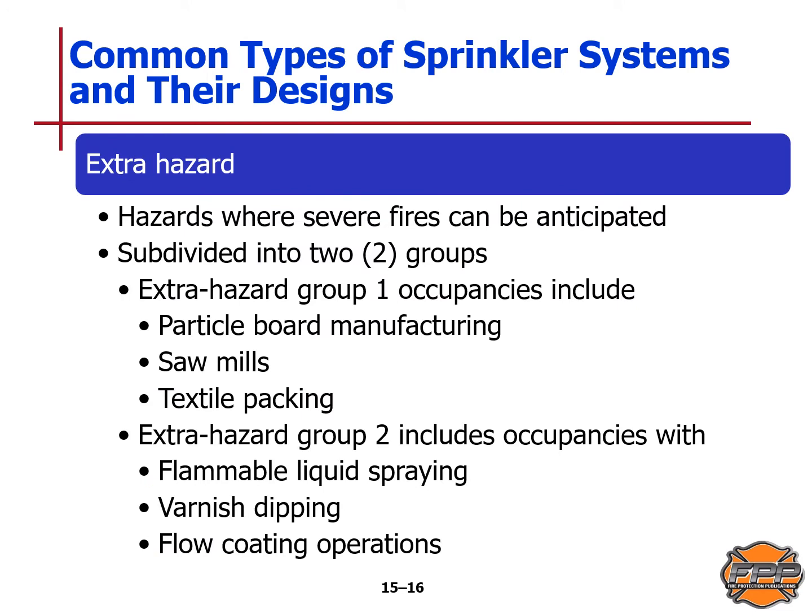Now, when talking about extra hazards, we're discussing hazards where severe fires can be anticipated. It's subdivided into two groups. Extra hazard group 1 occupancies include particle board manufacturing, sawmills, and textile packaging.